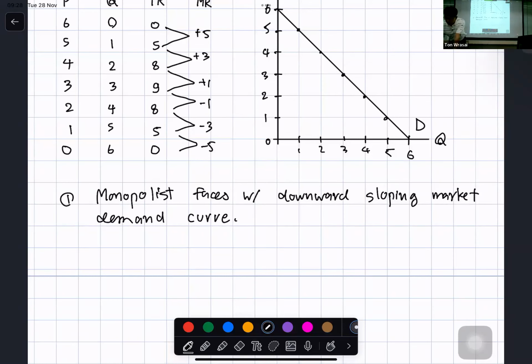Which implies this: to sell more, he must attract sales by lowering the price. He must lower the price. Just a simple fact from the downward sloping demand curve.